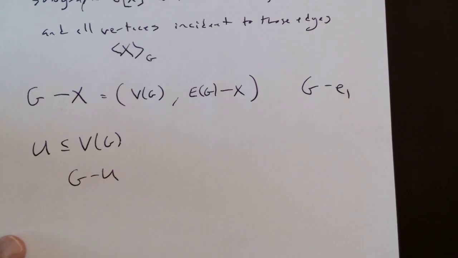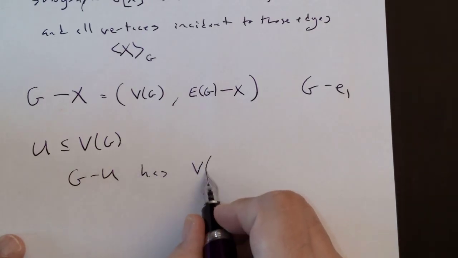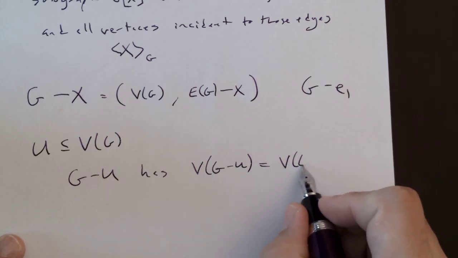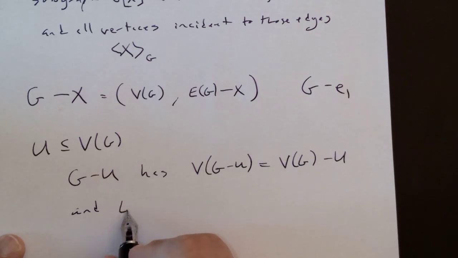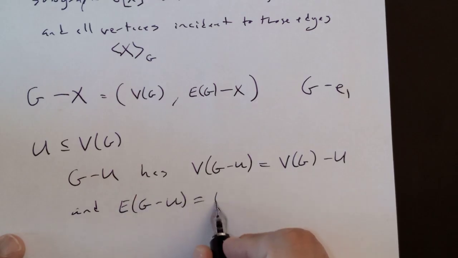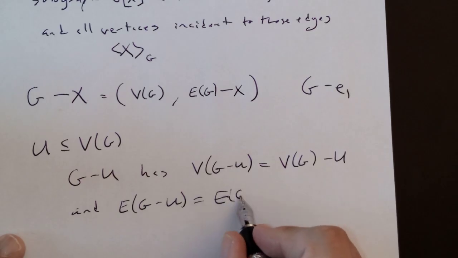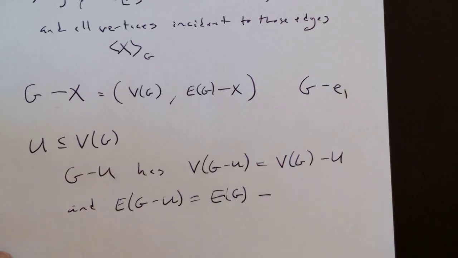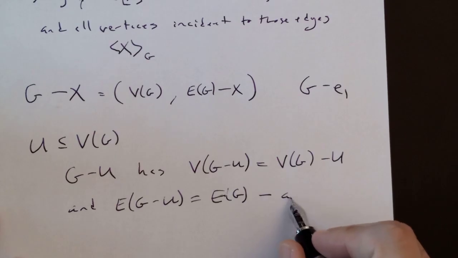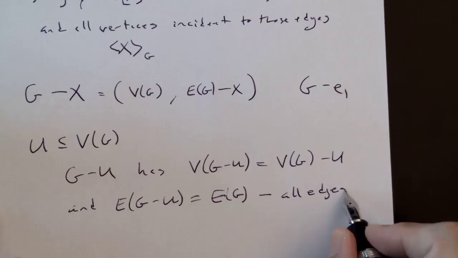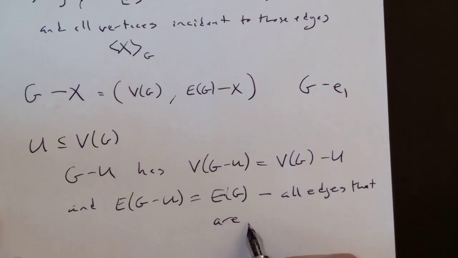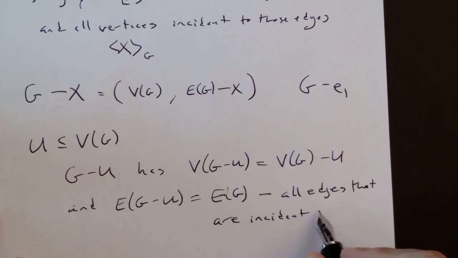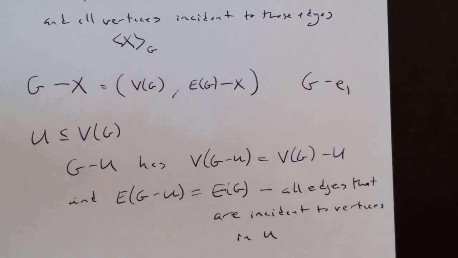So if I take away a vertex set, every time I take away a vertex, I have to take away every edge that's incident to it.